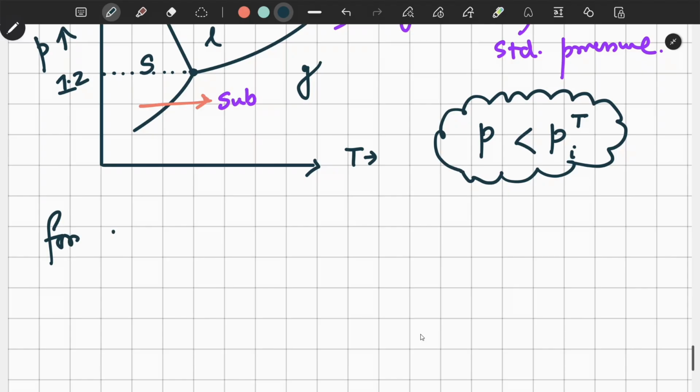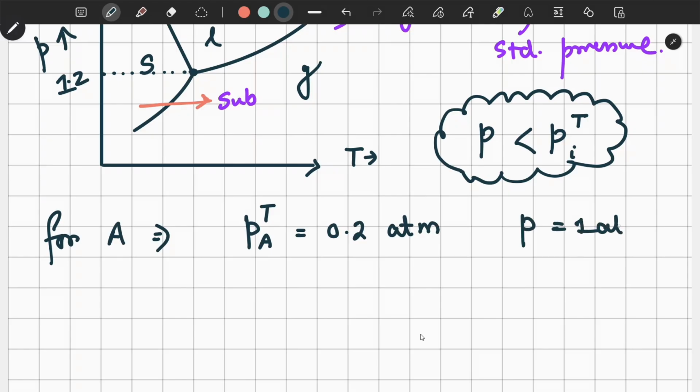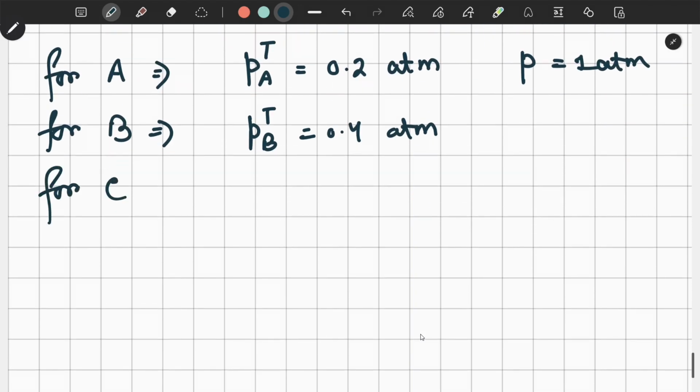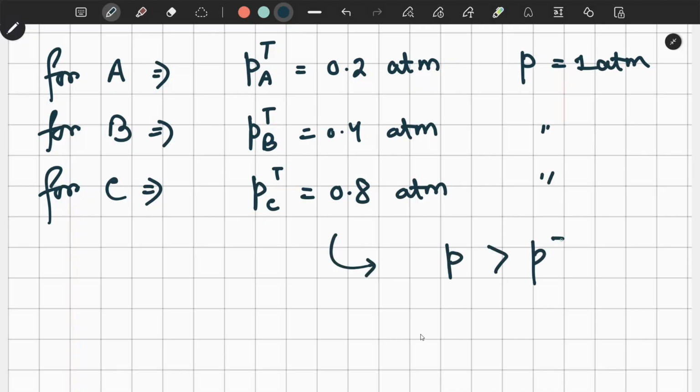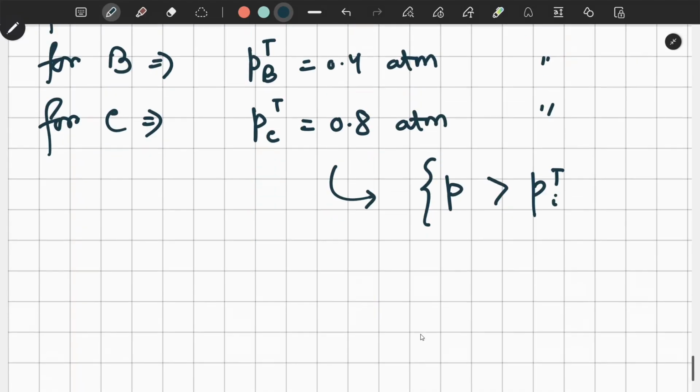Now for A, PT is given as 0.2 atm, but P is 1 atm. For B, it is 0.4 atm. For C, it is 0.8 atm. So for all these three cases, P is greater than PT. So if you increase the temperature, it will be first solid, then liquid, then gas.